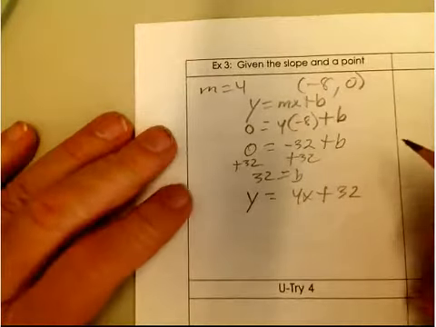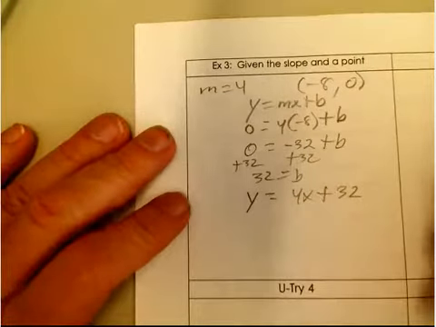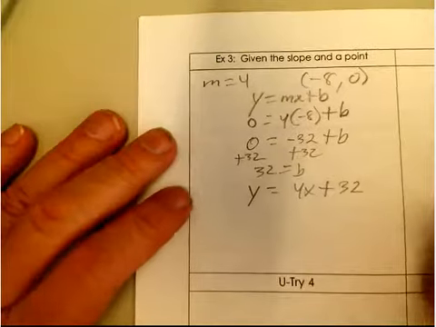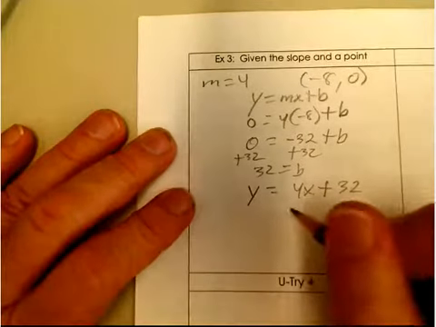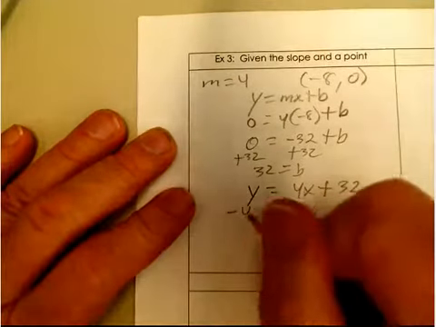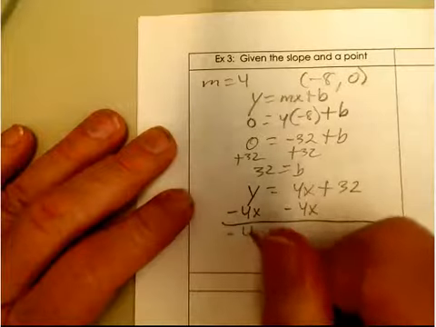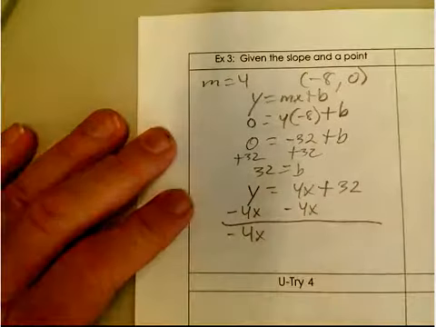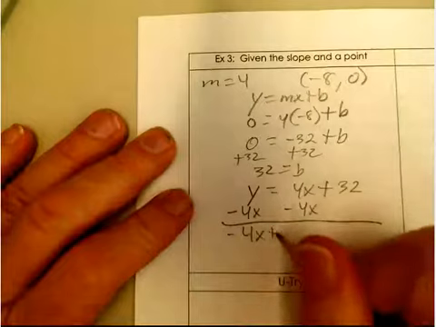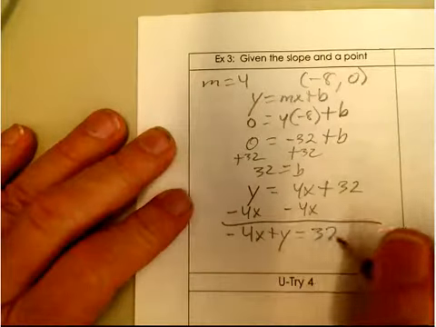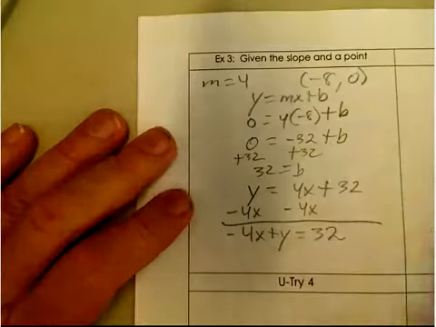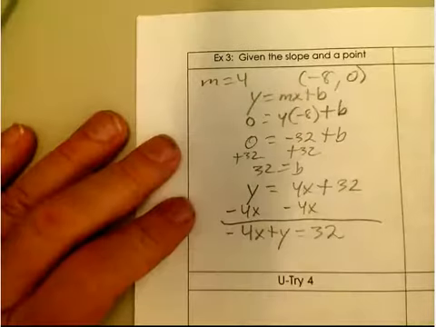Now I have to put this into standard form. That means x and y are on the same side, so I'm going to subtract 4x from both sides, and my y's and my 4's sometimes look the same. I get -4x plus y equals 32. Be careful about these y's and 4's. And now I have to multiply again.